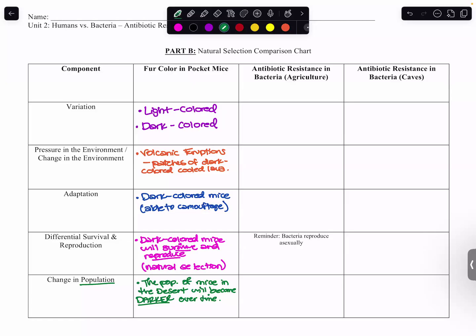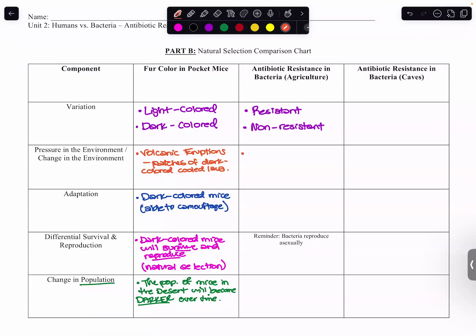Now, the antibiotic resistance in bacteria in or on farms, as we discussed before, right? What were our two variations? If we're talking about antibiotic resistance, they're either resistant or non-resistant. Pretty simple, right? You either resist the antibiotic or you cannot resist the antibiotic. What was the pressure or change in the environment?